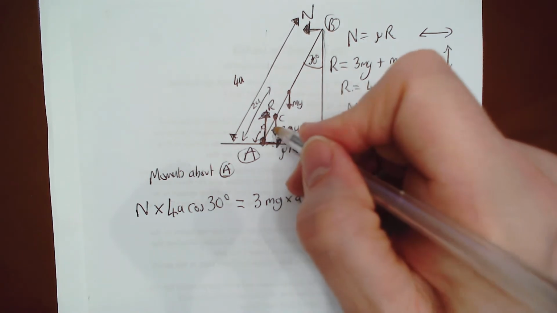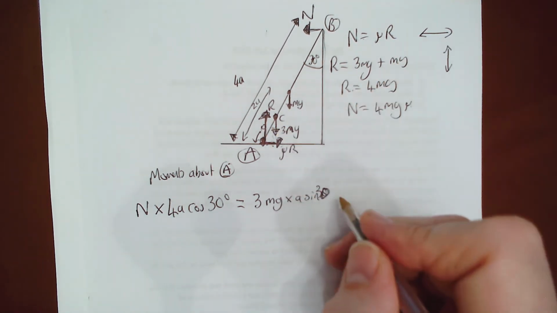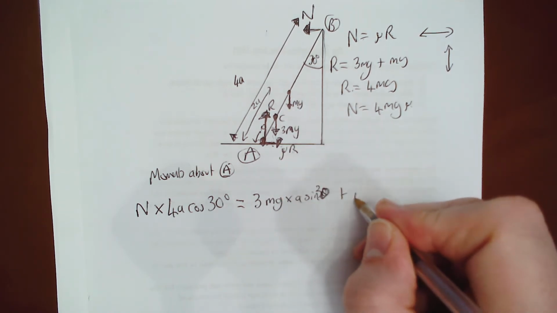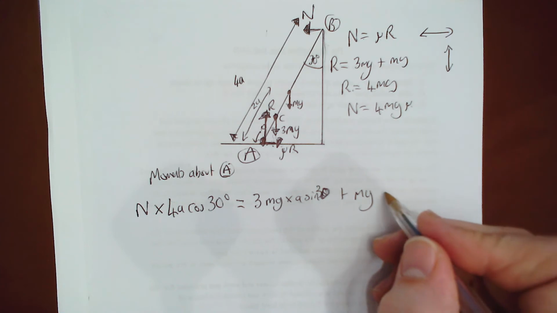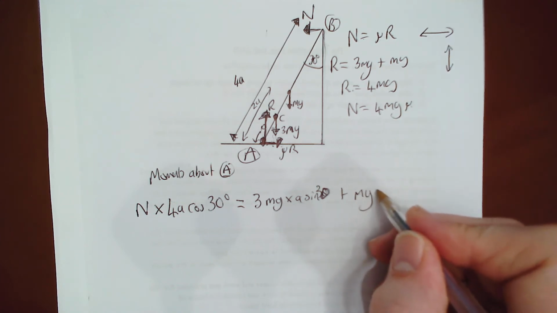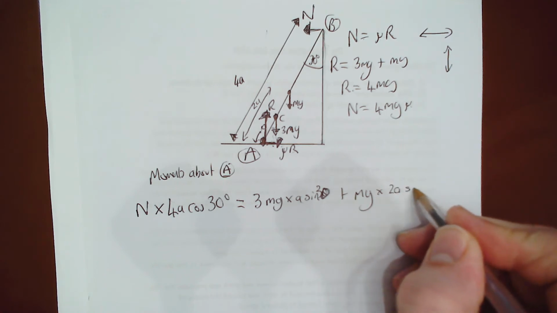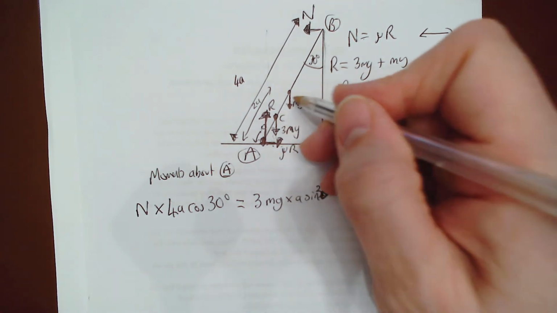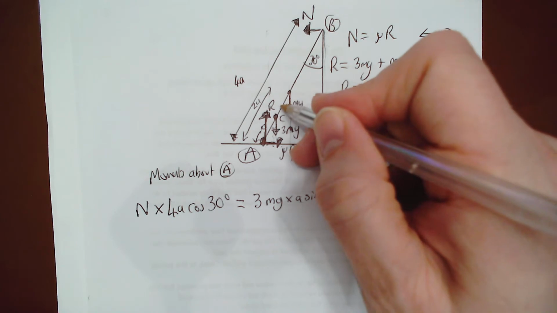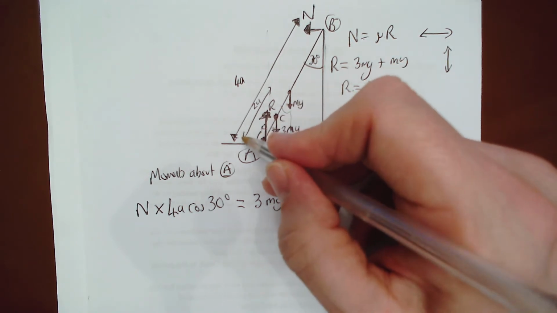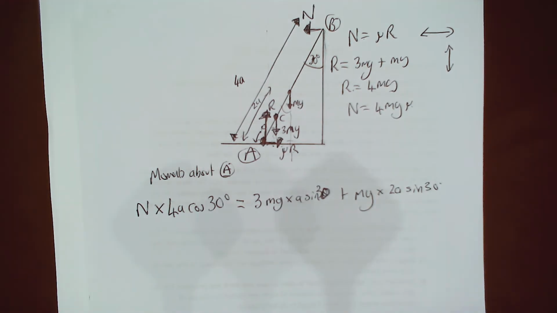So you'd have a little 30-degree angle there. Plus for this one, it's just going to be 1 mg, and that would be mg times 2A sine 30. Because this force going down there, imagine there's a 30-degree angle there, it's the sine component with a hypotenuse of 2A. Again, work on your trig, work on your perpendicular distances.